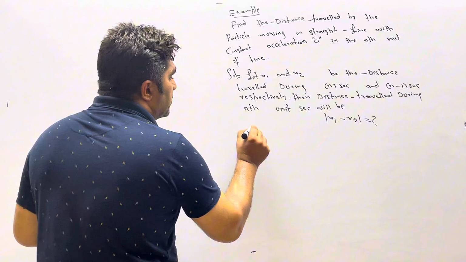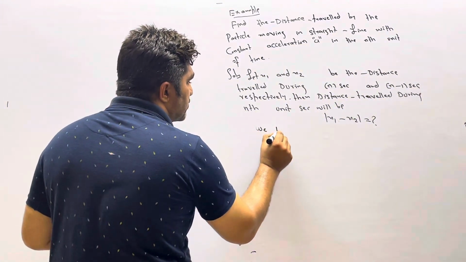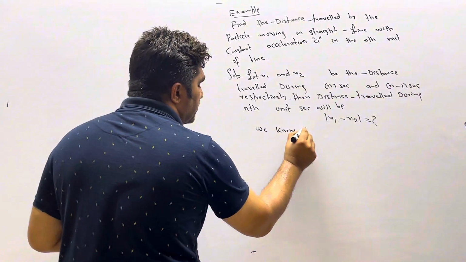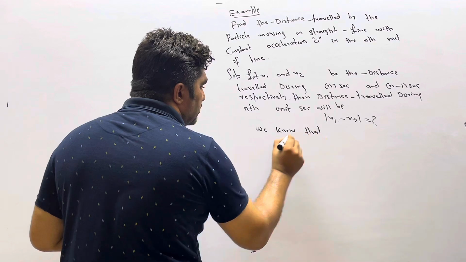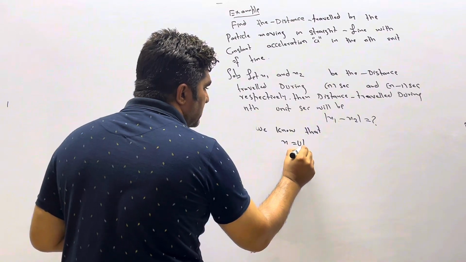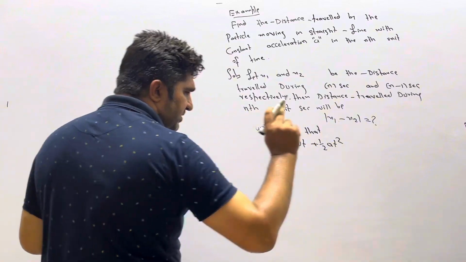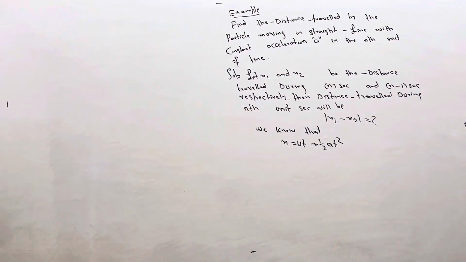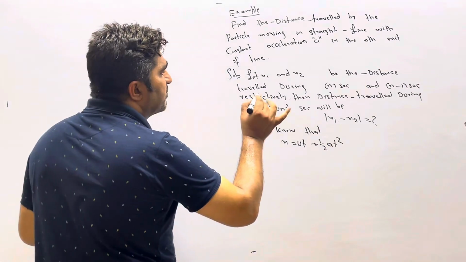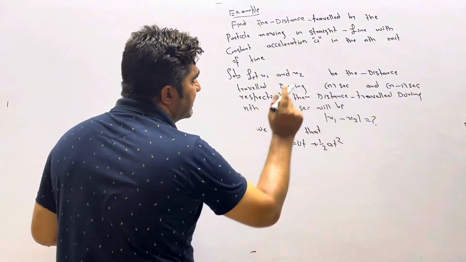Okay, we know the second equation of motion, that x is equal to ut plus half at square. First of all, I'm finding x1, the distance during n seconds.